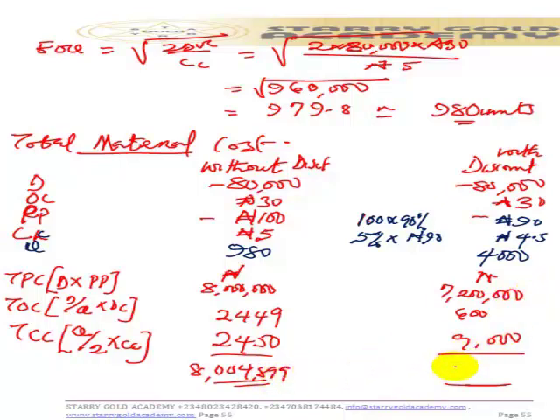Then here we have 7,209,600. So you will see that the material cost under the discount is lower than the material cost under the normal EOQ. So in this case, it will be advisable for the company to accept the discount. The company can take the discount.